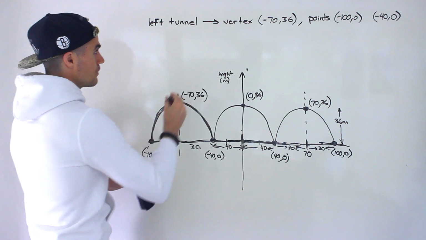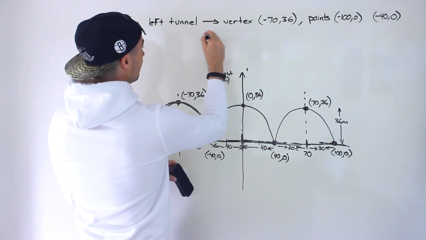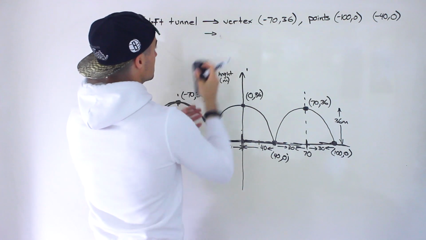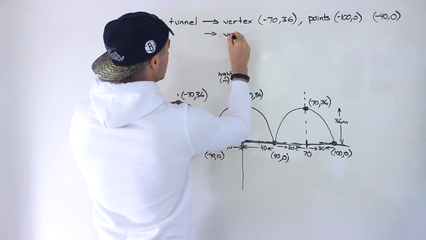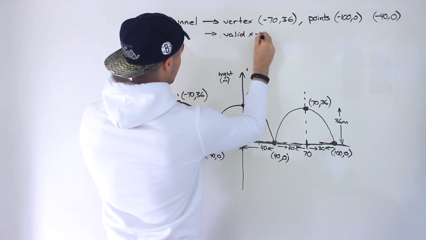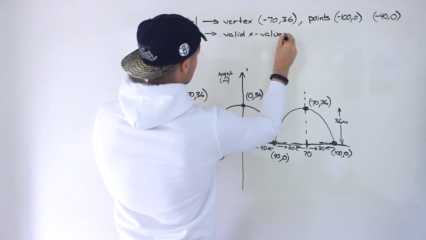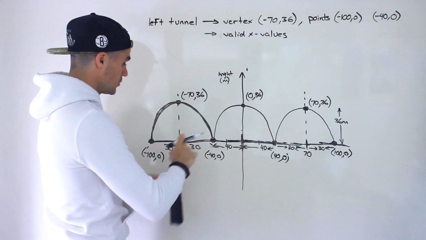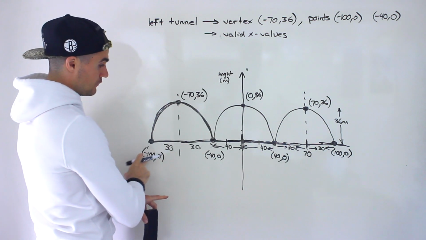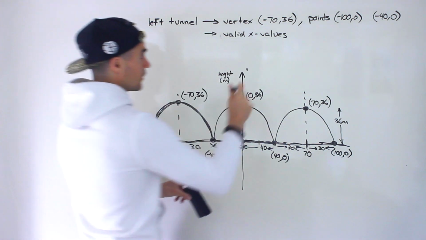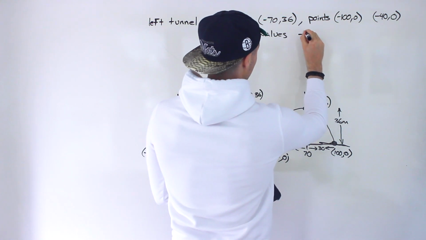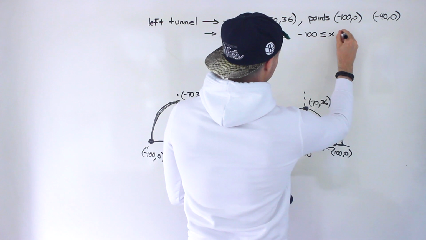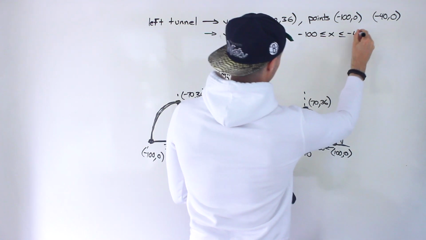And so the valid x values, let's actually write the valid x values that this parabola can take, according to this word problem, is between -100 and -40. So the x values have to be greater than or equal to -100, less than or equal to -40.